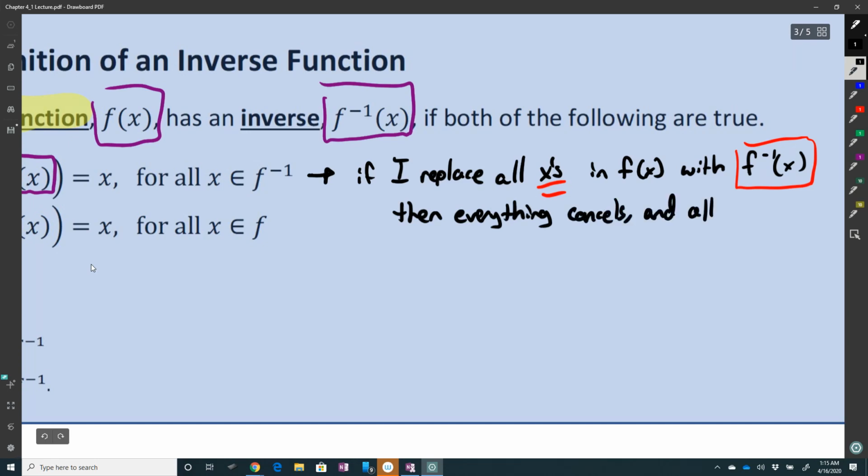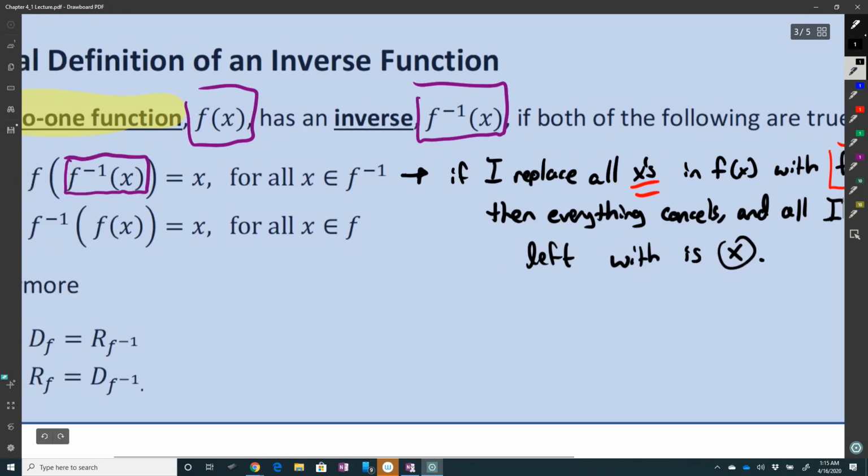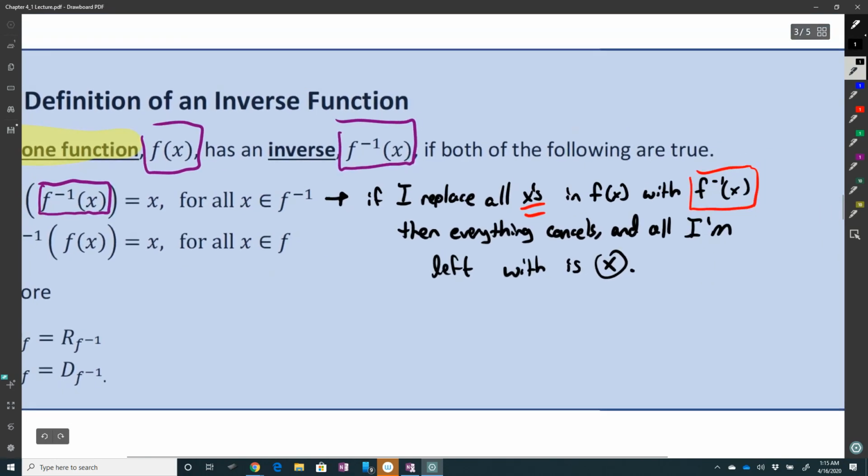And all I'm left with is x. That's it. So that's the proper definition for inverse. If you replace every single x with the inverse and simplify, all you're going to be left with is x.